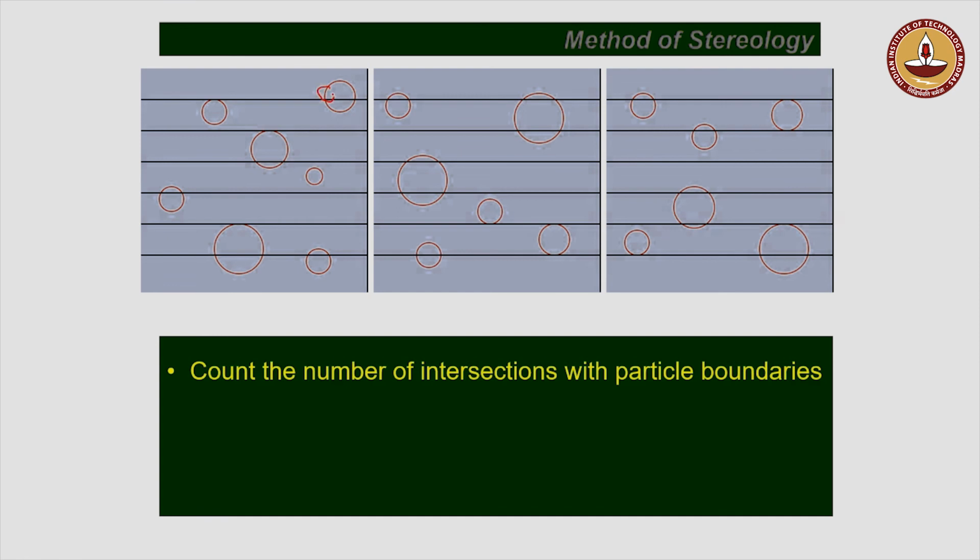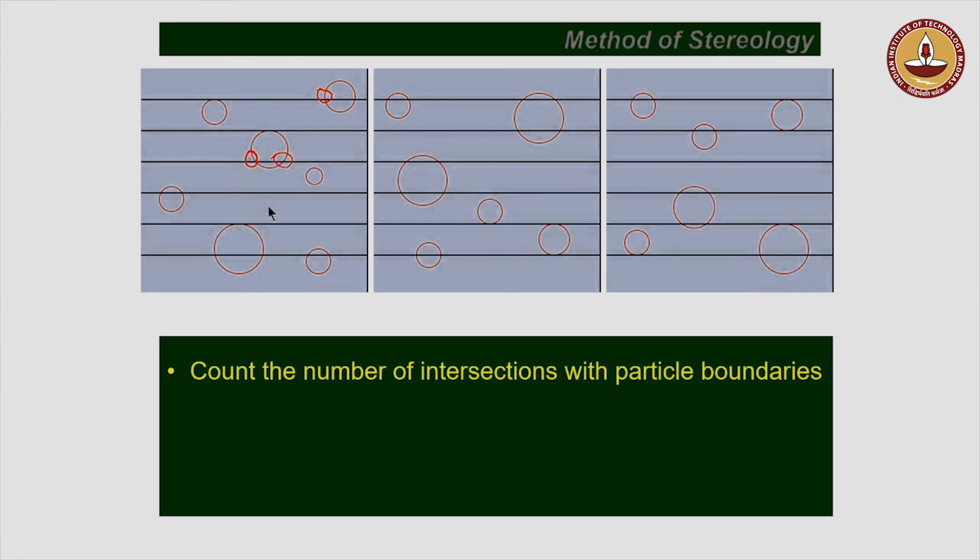this is an intersection, this is another intersection, this is another intersection, and so on. So, you count this intersection, you count this intersection as well, you count this one, this one, this one, this one, a total of all the intersections that are there.